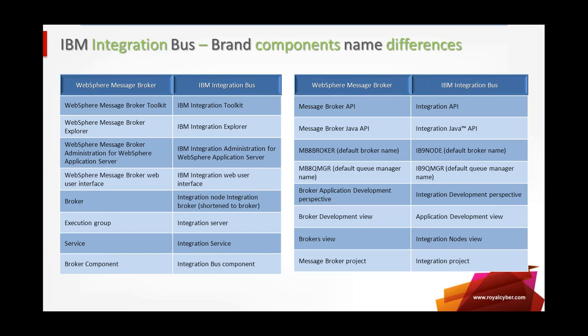WebSphere Message Broker Explorer is now called IBM Integration Explorer. The broker is now known as the integration node, the execution group is now the integration server, and the broker components are known as the integration bus components. The message broker project is now an integration project. There are other things as well which you can see on the slide. These are the different names of the components in IIB 9, which you have to take care of when you work with IIB 9 projects.